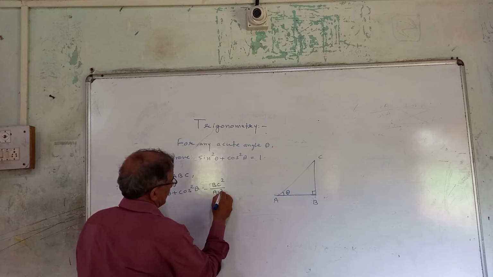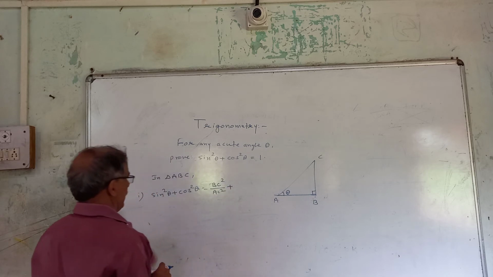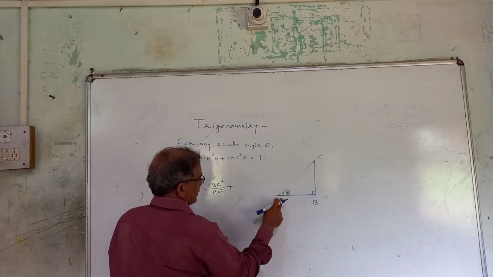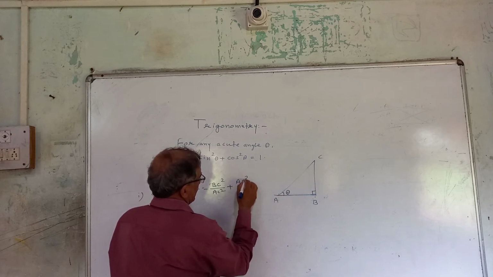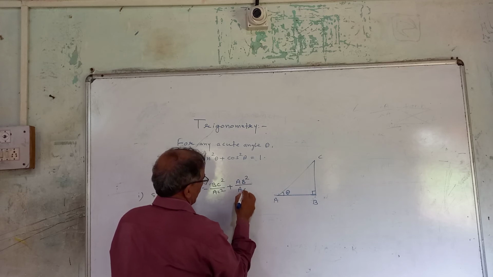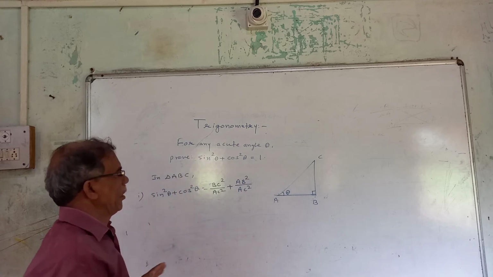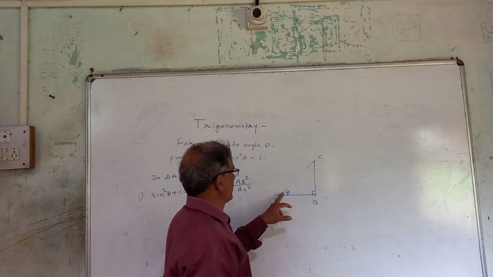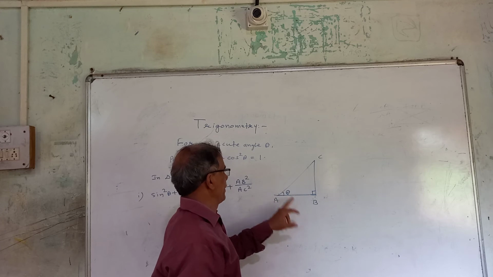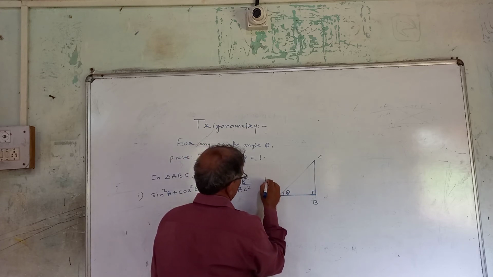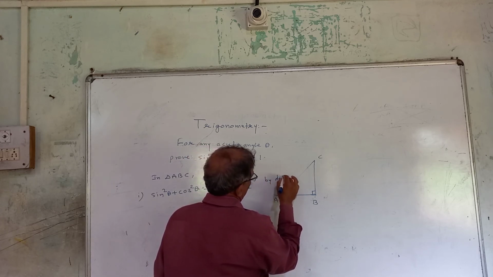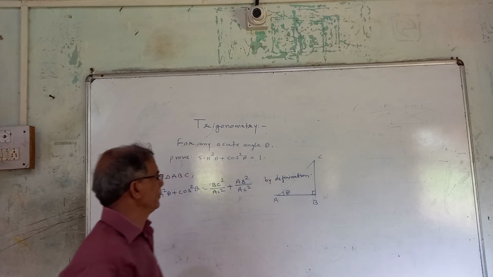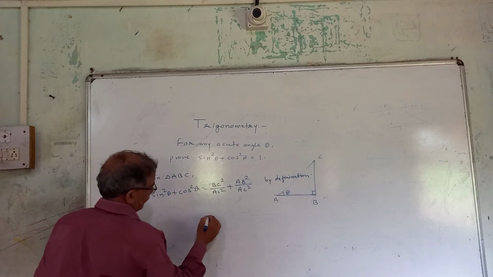Hypotenuse square, AC square, plus cos square. What is cos square now? Cos means adjacent upon hypotenuse. Adjacent AB square upon hypotenuse square. So we have written this according to the definition of the trigonometric ratio. Sin means opposite upon hypotenuse, cos means adjacent upon hypotenuse. Here you can write this down by definition. So that is equal to.